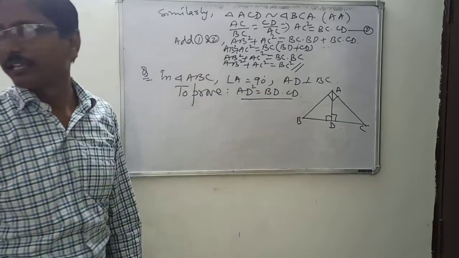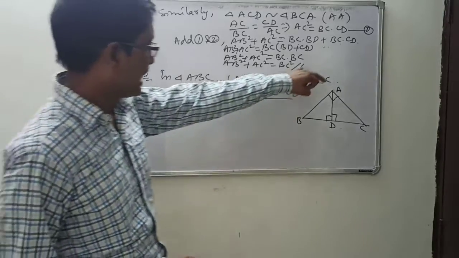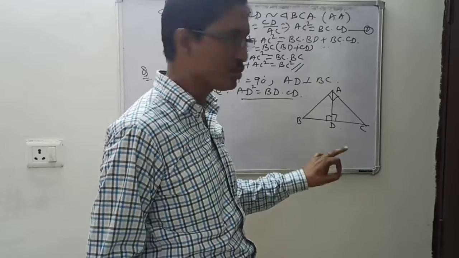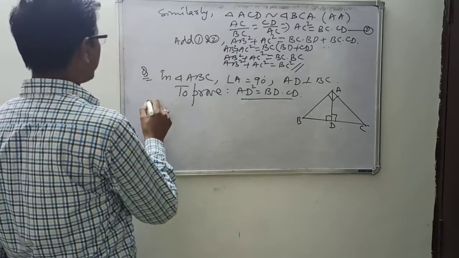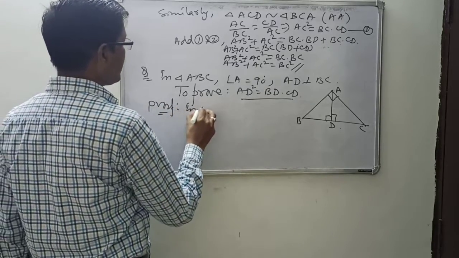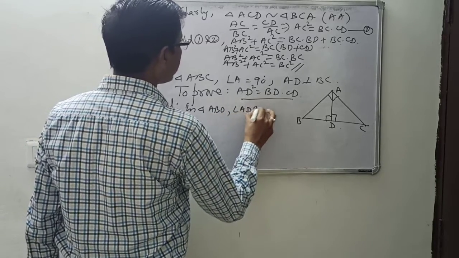How many right triangles do we have? ABD is a right triangle, the angle 90, ACD is a right triangle, the angle 90, and BAC is also another right triangle where A is 90 degree.